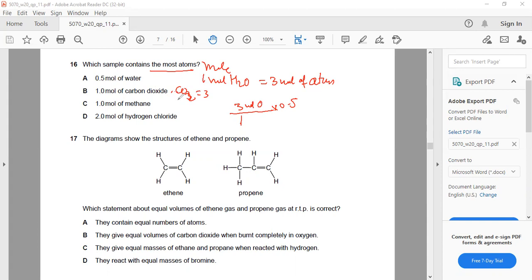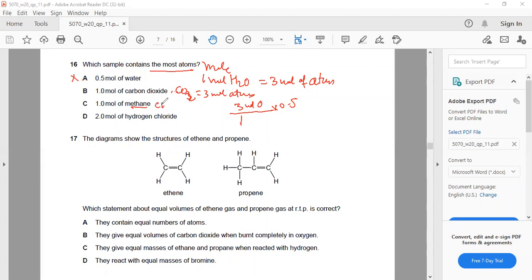So its answer is 3 mole of atoms, while 0.5 mole of water means 1.5 mole atoms. So this is also wrong. This is also wrong, 3 mole atoms. One is wrong because it's less.